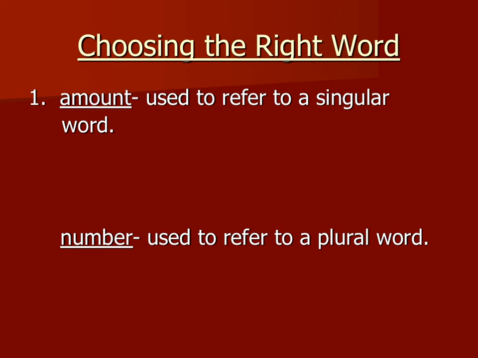You'd say amount because it's uncountable. Number, a lot of times, refers to a plural word or a countable noun. I take a number of courses in high school. There are a number of files on my computer. So amount for an uncountable noun and a singular word, number for a countable noun and a plural word.